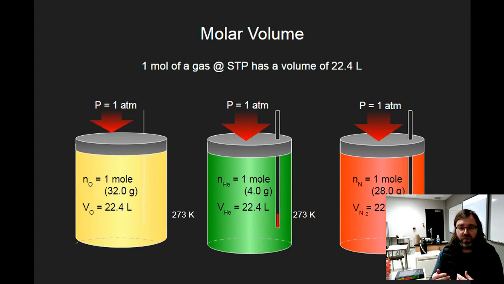So we can use the molar mass to figure out how many moles of sample we have, and we can figure out the volume. And he said that 1 mole of any gas at standard temperature and pressure has a volume of 22.4 liters. This is the conversion we were kind of looking at last unit, but we never used it.